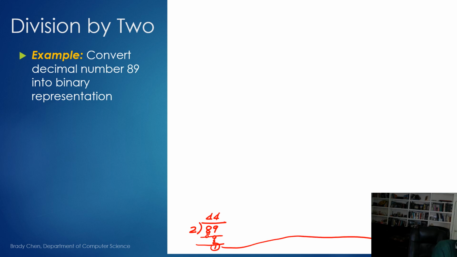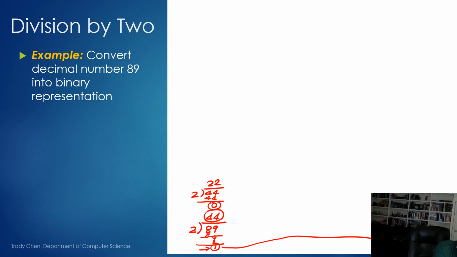That's the first remainder, so we're going to put it on the right. The quotient is 44. Then we divide 44 by 2. We find out the quotient is going to be 22. 2 times 2 is 4, and the remainder is 0.